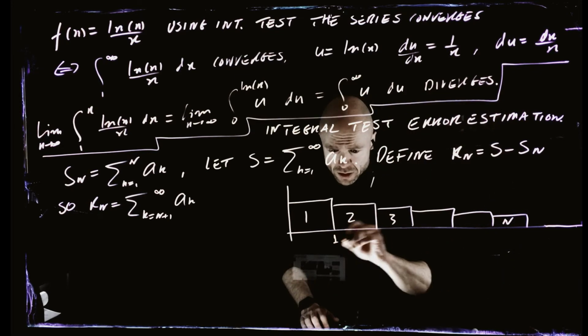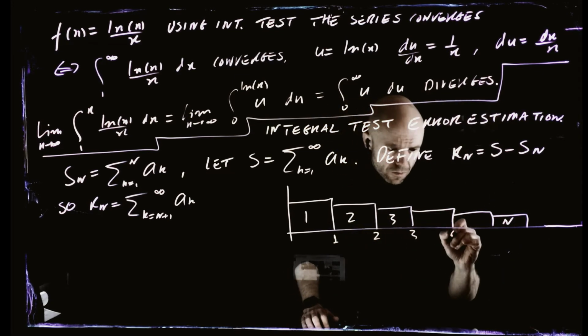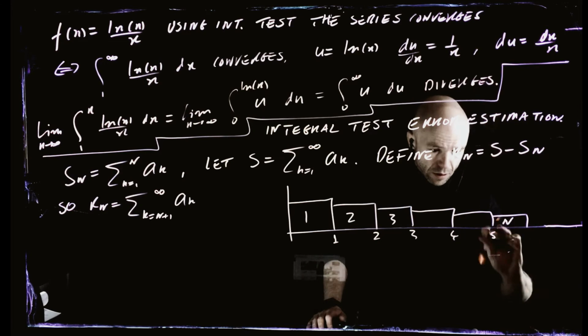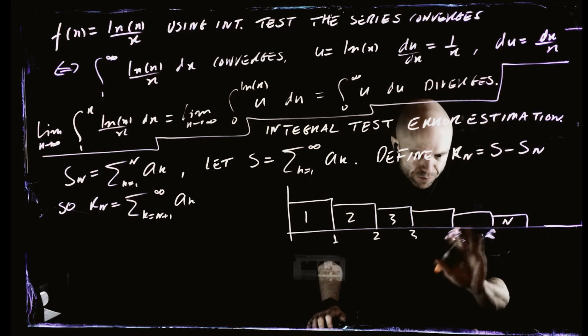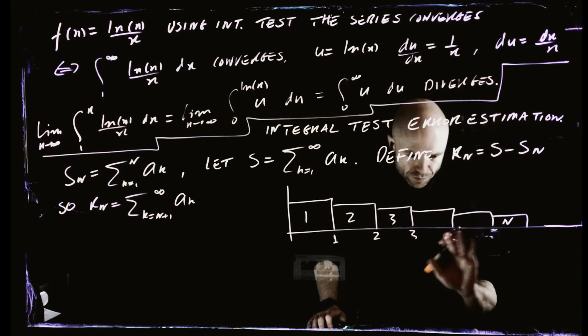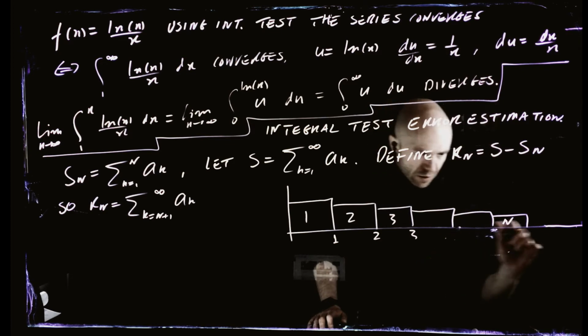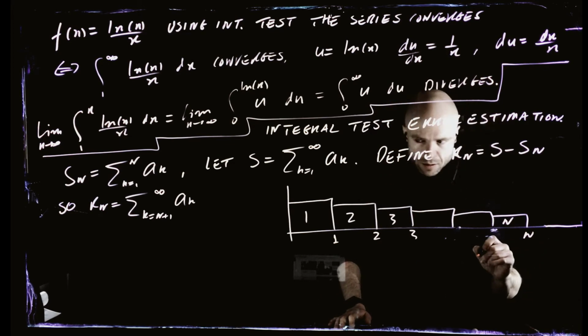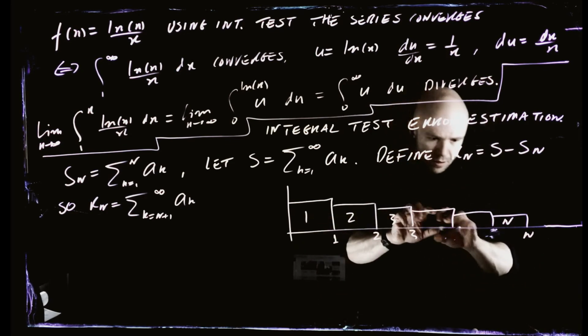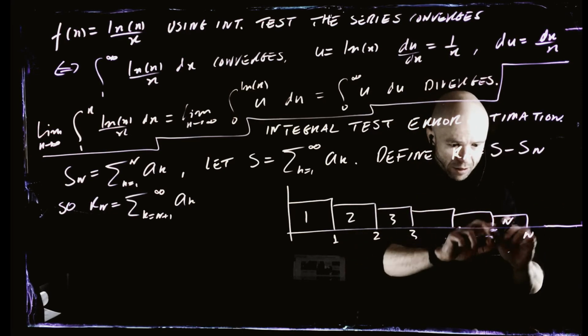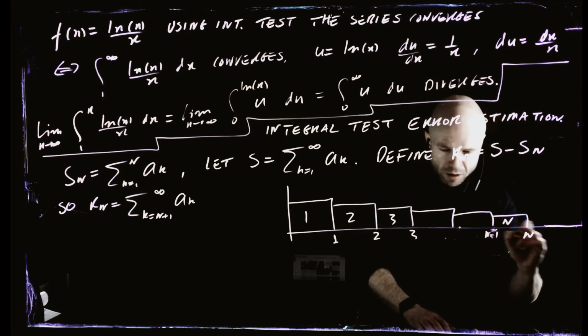So here is 2, 3, 4, 5, so we're just doing dots at this point. And this thing here is n. Yeah? This is the first, this is the second, there's all these guys in the middle. The nth block is the thing that goes between n minus 1 and n. Yeah?